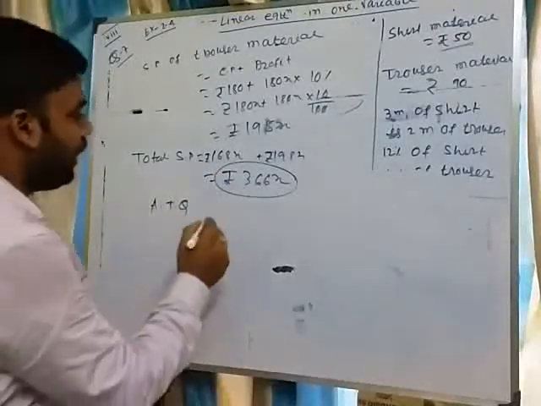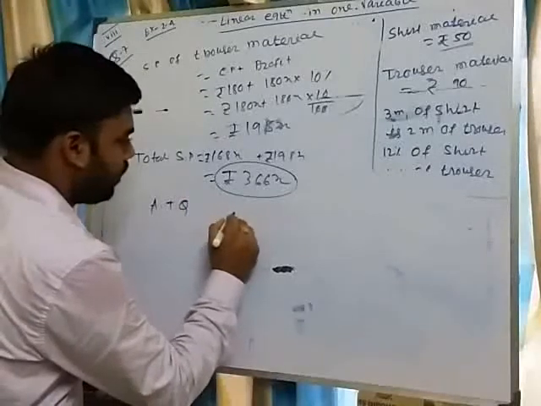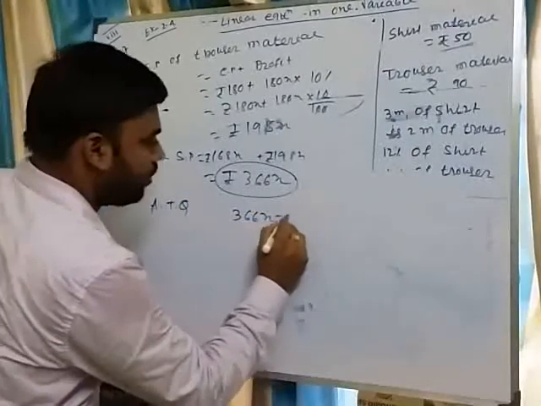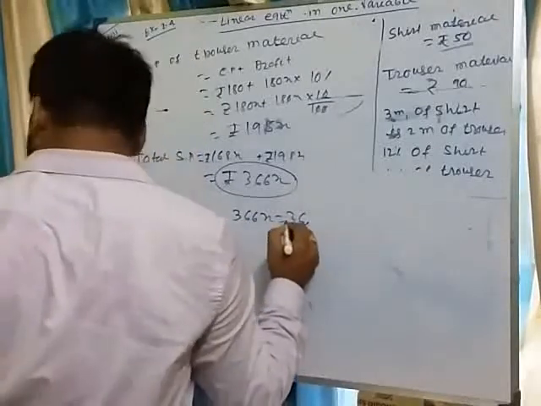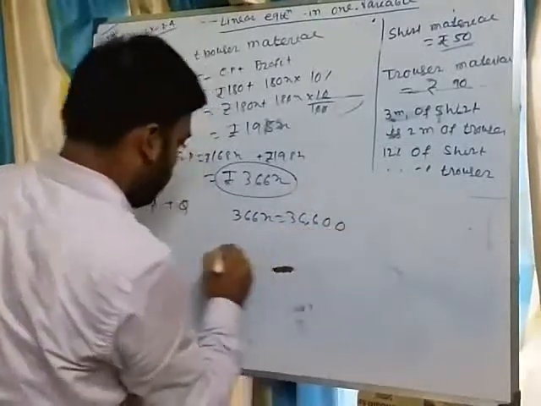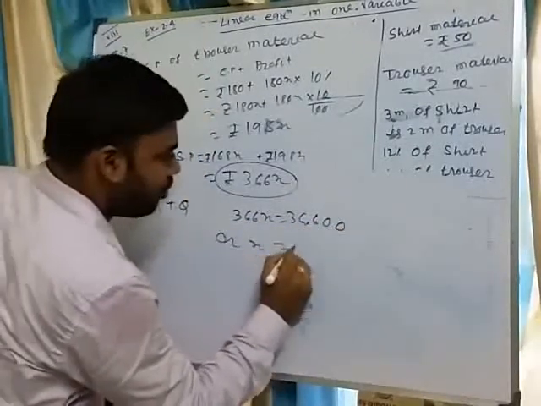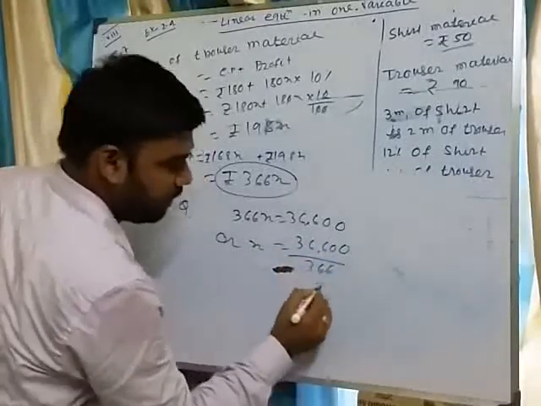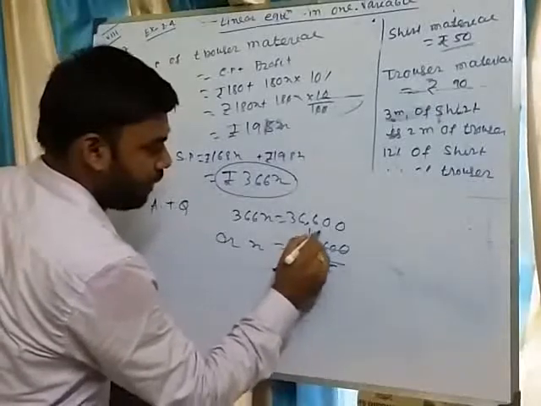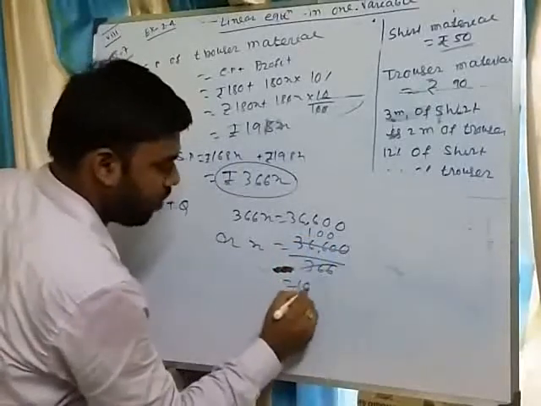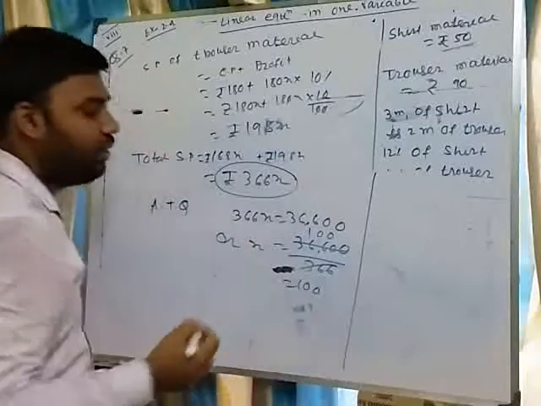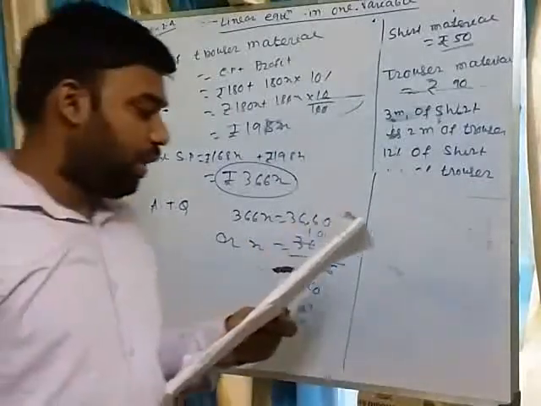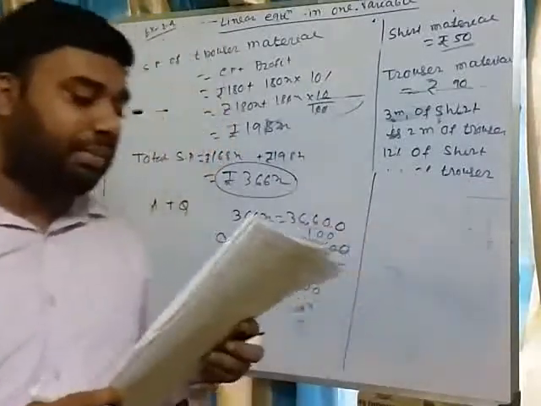So these two must be equal, therefore 366x equals 36,600, or x equals 36,600 by 366, that is 100. x equals 100.